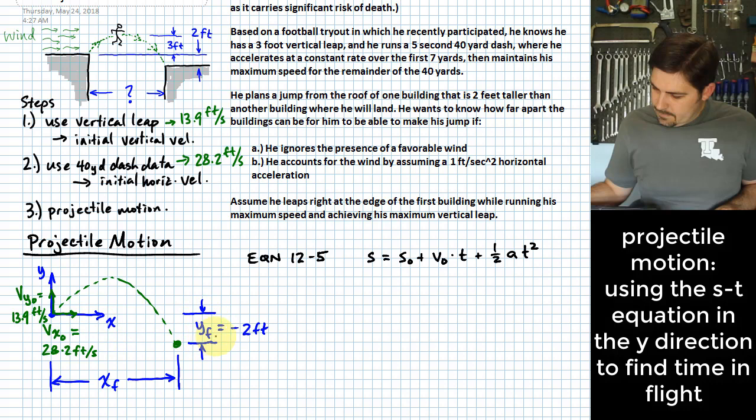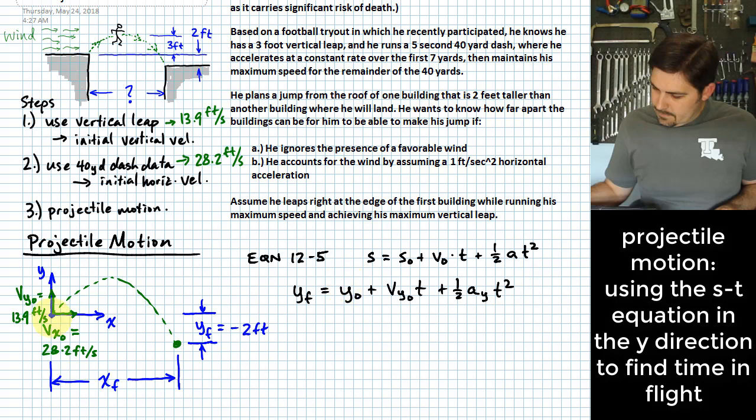We know the final location in the y. So y sub f is equal to our initial y sub naught, plus the velocity in the y direction at the beginning times t, plus 1/2 of your acceleration in the y direction times t squared. That would be the equation in the y direction for what we're dealing with.